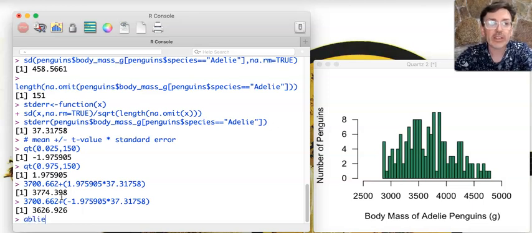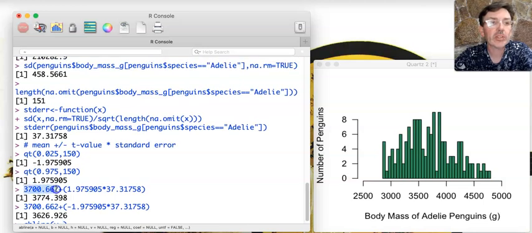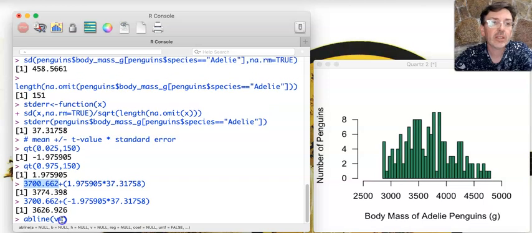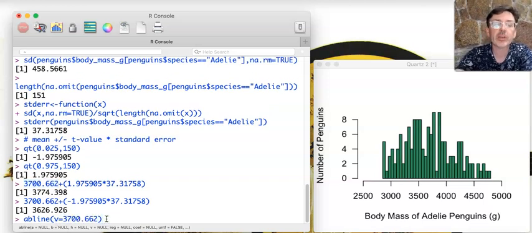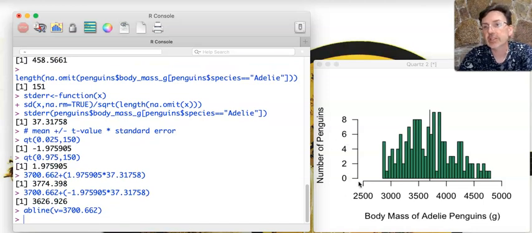I'm going to add in an abline. And I want to add a vertical line, so with v, and I want to put in my mean value, because that's a good place to start. So put a vertical line at 3,706, and that's right here.